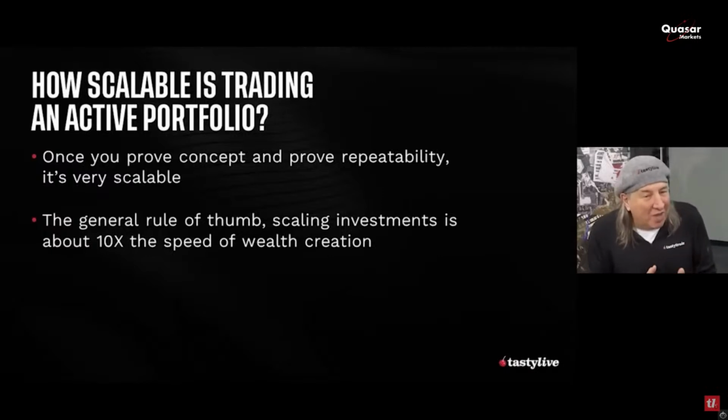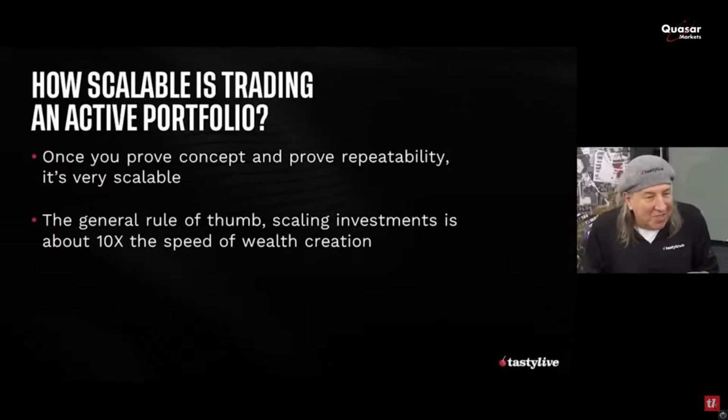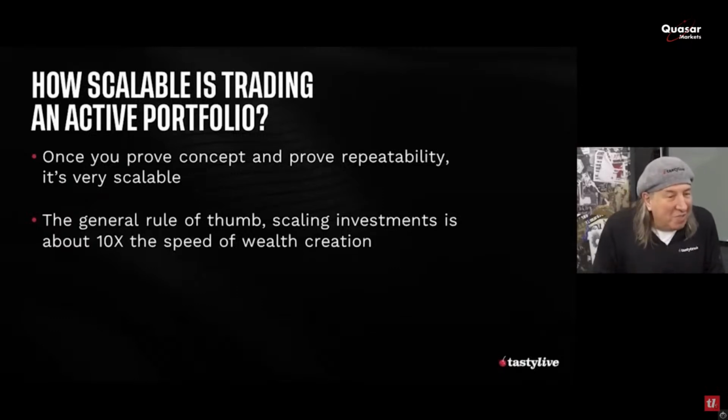The general rule of thumb is scaling investments is about 10x the speed of wealth creation. I know that sounds like, just think about it, but I wrote this. We've kind of tried to come up with a model, but as a general rule of thumb, scaling investments is about 10 times the speed of wealth creation. Wealth creation takes a really long time. If you learn how to scale, you can speed that up 10x.